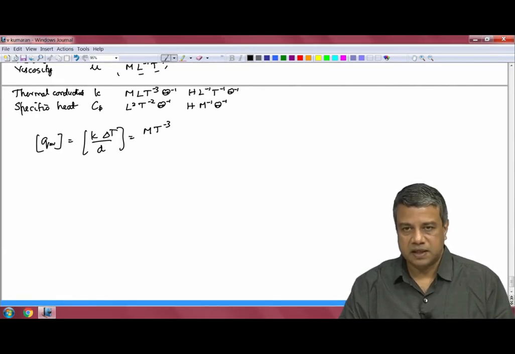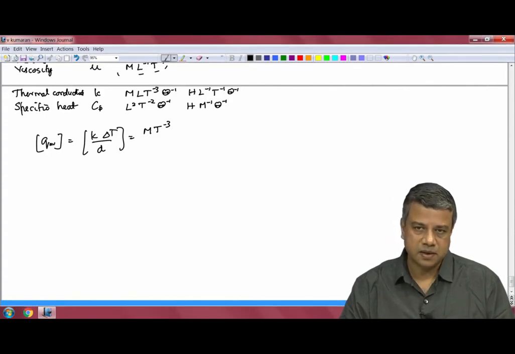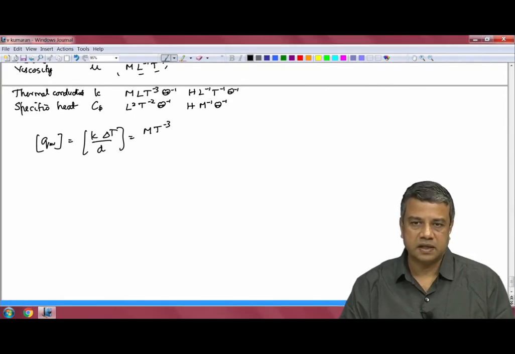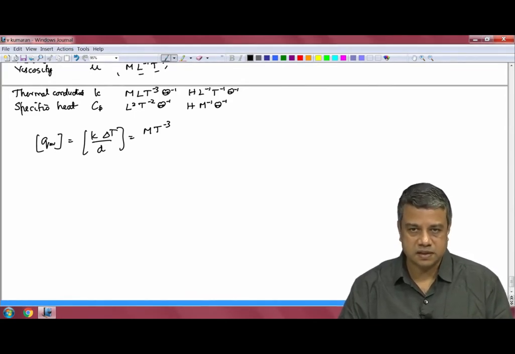What about the mechanical energy dissipation rate per unit surface area that has the same dimension? As I said, there is conversion of mechanical energy to heat energy due to viscous dissipation.